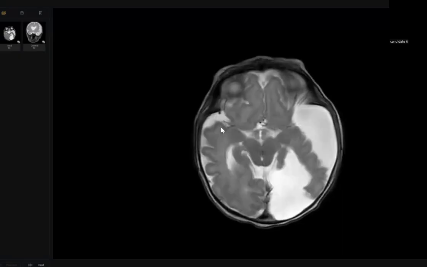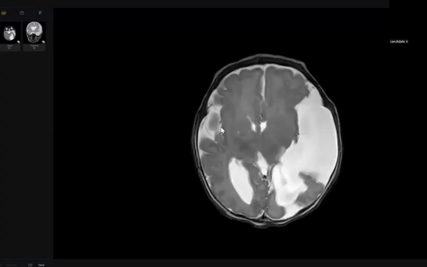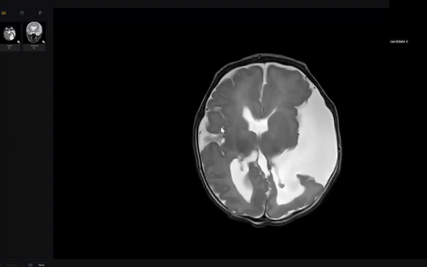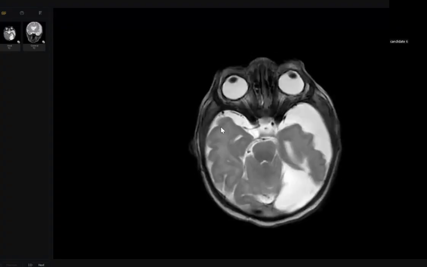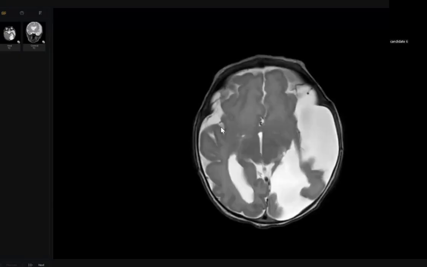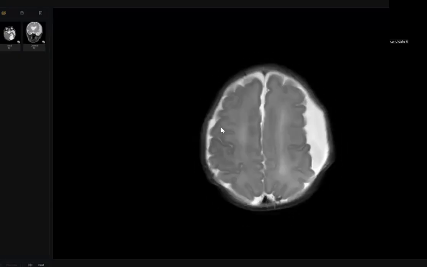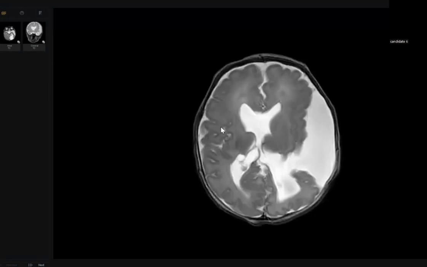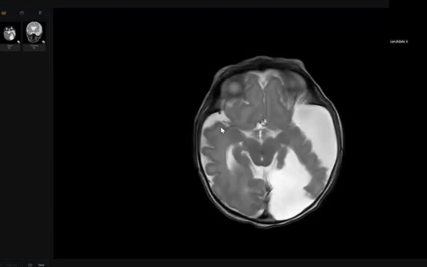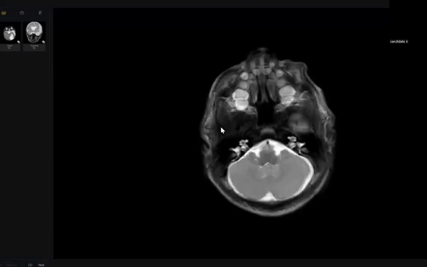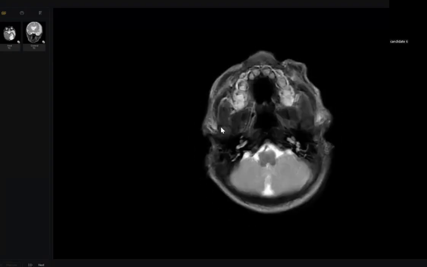So this is likely to be a schizencephaly. I don't see any abnormal gray matter signal intensities around the schizencephaly. So I would inform my findings to the referring physician, and this is likely the cause of the patient's clinical condition.